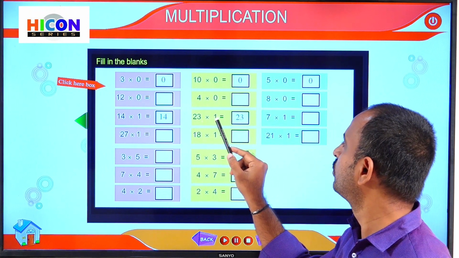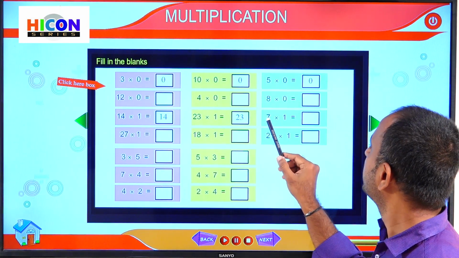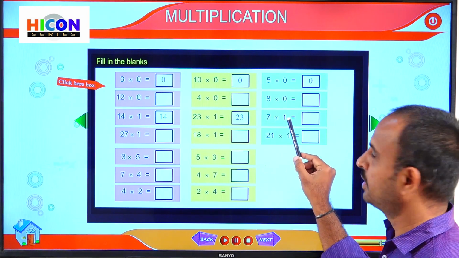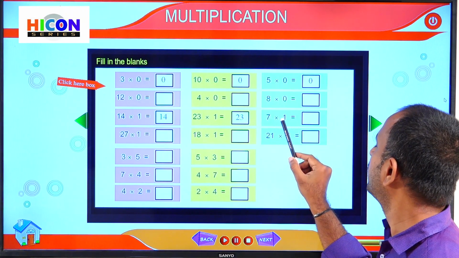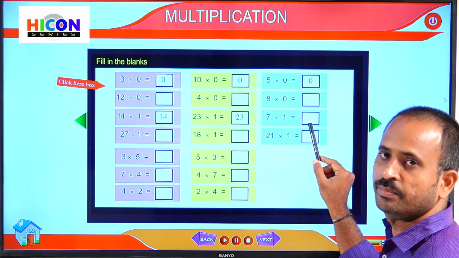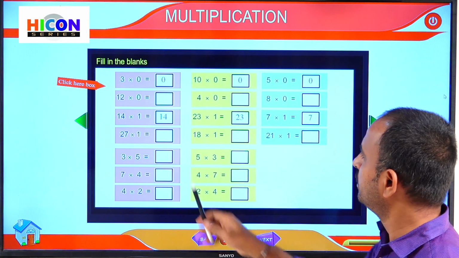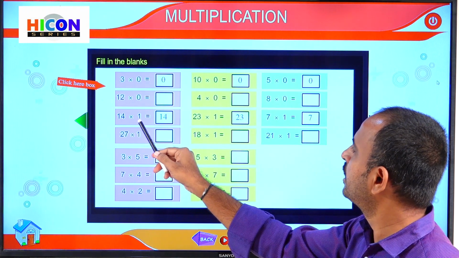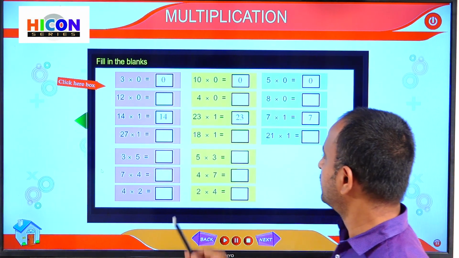So 23 into 1 is equal to 23. Again see here 7 into 1. Here the number 7 is multiplied by 1. So 7 into 1, we will get again the same number 7. So write 7 here. So children, in this way, if you multiply any number with 1, again we get the same number.